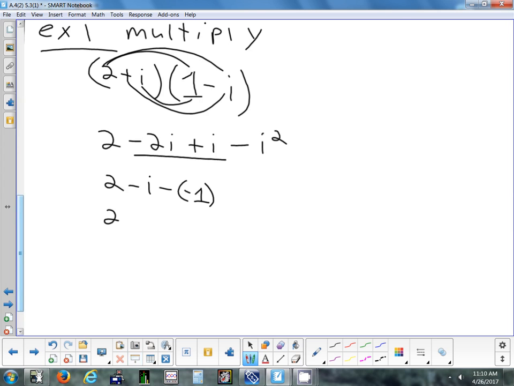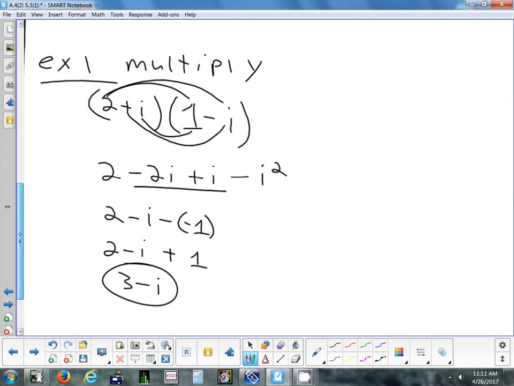Yeah, it's going to become a +1. And now I need to combine +2 with +1 to get +3. So anytime you multiply, or also when you divide, you should always have your real number first, and then your number with i second. And that's it. That's how you multiply two complex numbers.